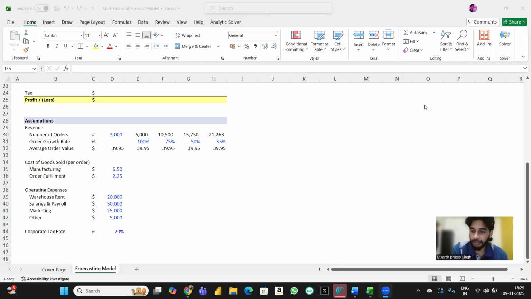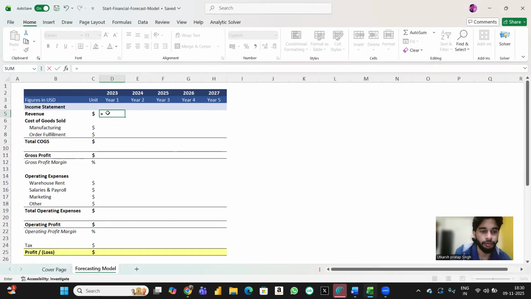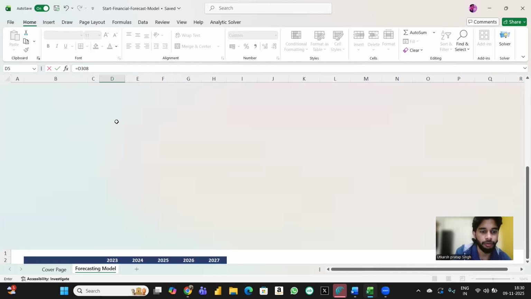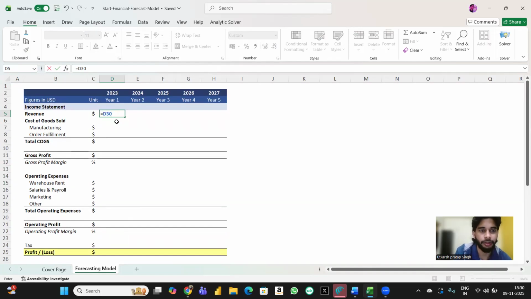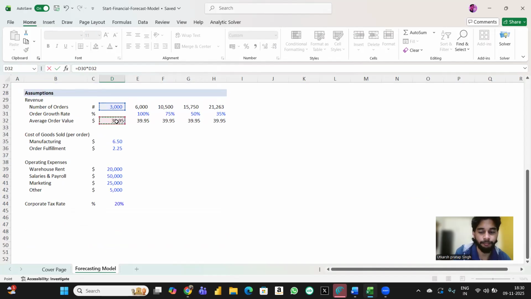After we have calculated the number of orders for a particular year, we are now going to put this data into the main table, to see what the revenue will be. For this, the formula is equal to 3000 into the average order value.